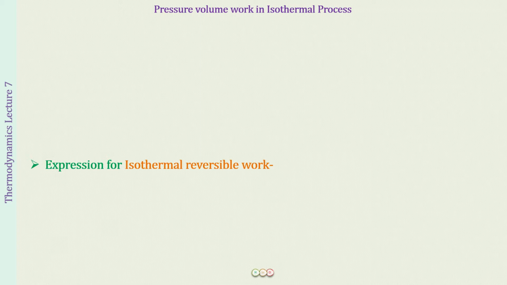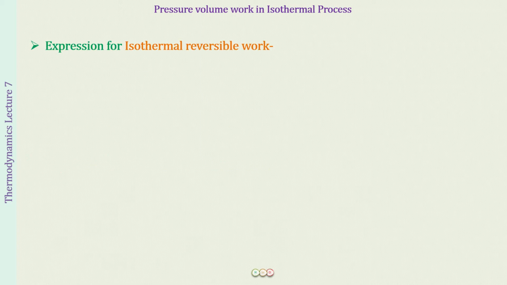First of all, let us develop the expression for isothermal reversible work. The expression that we have for work in general, when we have a change in volume from an initial to a final volume, is the integral from Vi to Vf of P external into dV, with a negative sign.